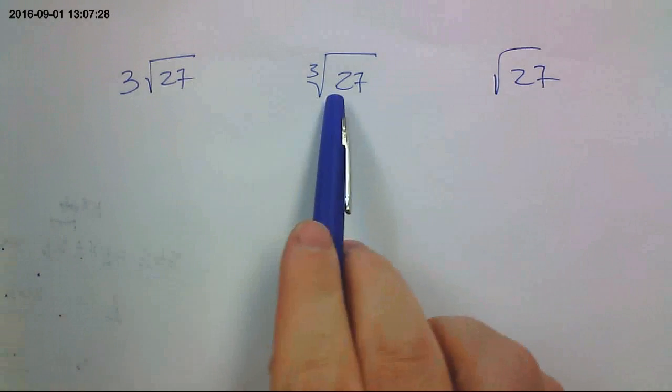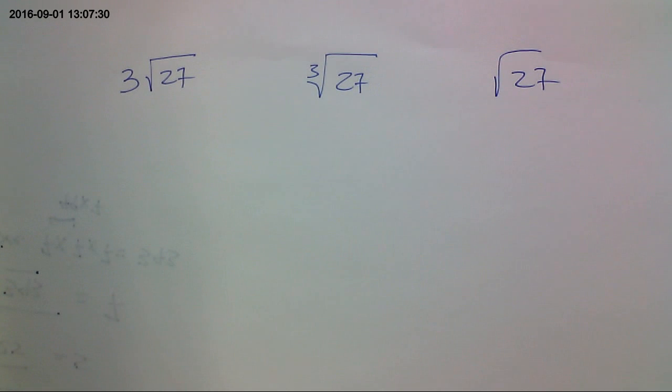What's the difference between all three, or are they all the same? Or are two of them the same and one of them different? What do you think, Carolina? Are all three of these the same? Are two of them the same, or are all three different? They're all different. How many guys think they're all different?